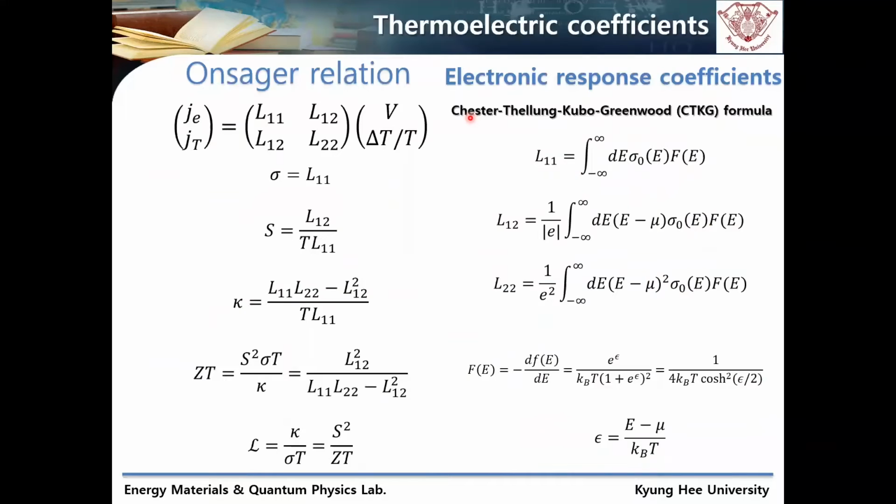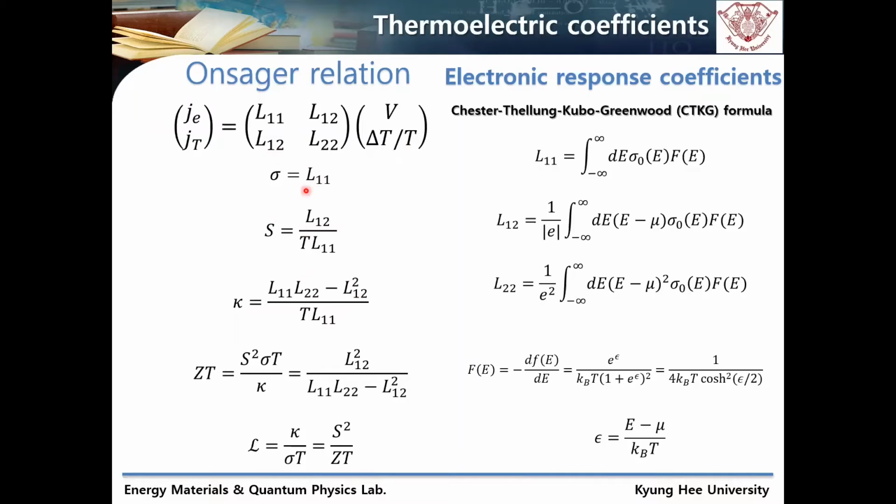In solid state textbooks, the electrical current and heat current can be related by the Onsager relation, by applying an electric voltage or a temperature gradient, with the electrical conductivity, Seebeck coefficient, thermal conductivity, and ZT value. Those thermoelectric parameters can be expressed in terms of the Onsager relation like this.